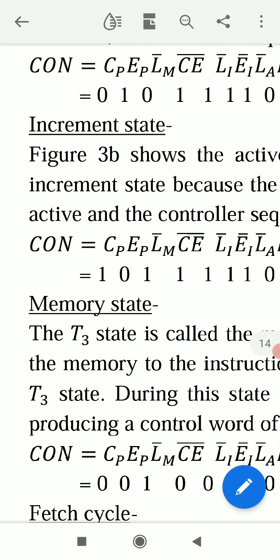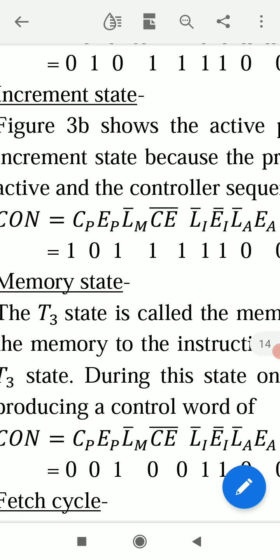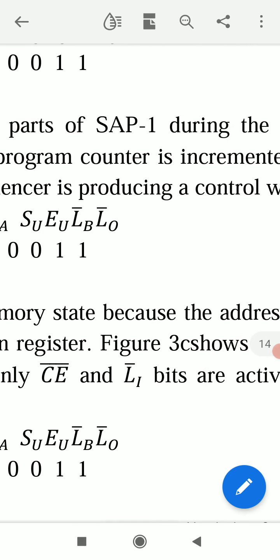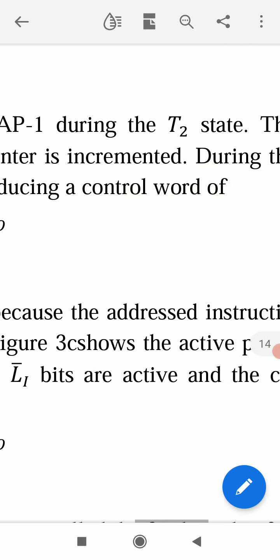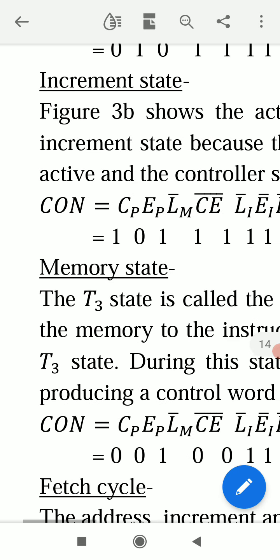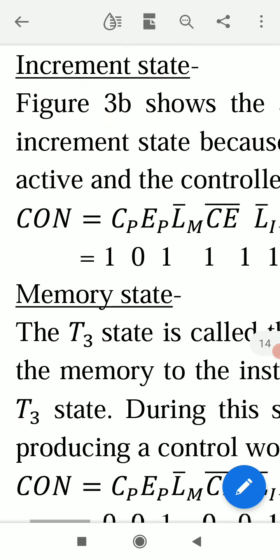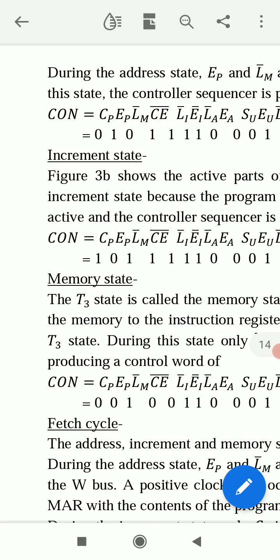CP is 1, C is for count, so it is for increment. The program counter is incremented only when CP is 1.